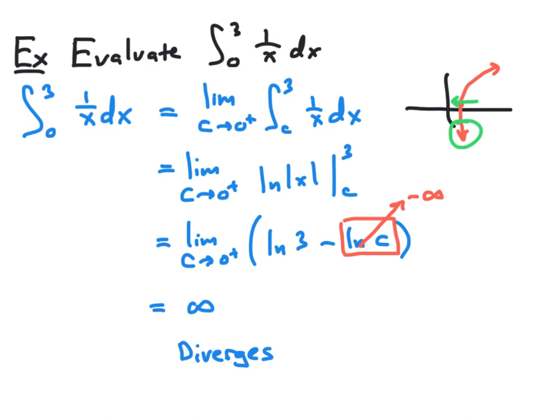And so here, when we take the limit, we have a constant of natural log 3 minus negative infinity, and that gives us a positive infinity value here for our integral, and that means that this particular improper integral diverges. We don't have a particular number that it is equal to. It's equal to an infinite value. So this integral from 0 to 3 of 1 over x dx diverges.